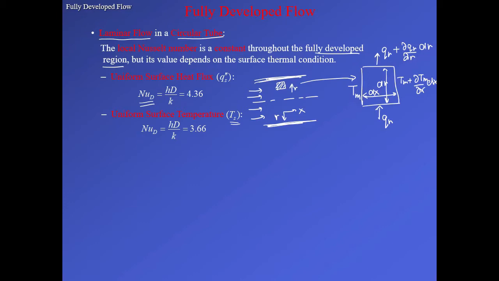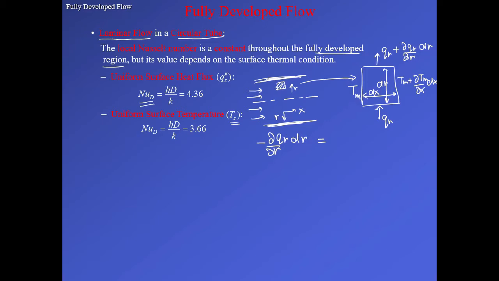So when you write this, then what we can say is that the amount of energy that is conducting in the r direction, which is basically this Qr minus this that is leaving, simply becomes minus del by del r of Qr times dr. This is the energy that is conducting into this control volume, and it is equal to the energy that is advecting from left to right because of the fluid convection.